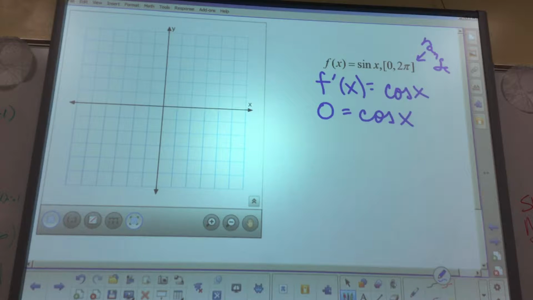That's pi over 2, because the unit circle is 2 pi radians. We good now? Yeah. So cosine is 0 at pi over 2.